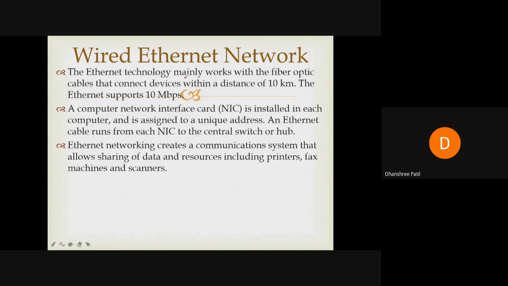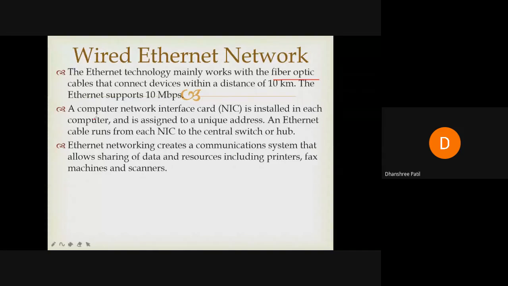Ethernet network technology mainly works with fiber optic cables. So for an Ethernet connection, mostly fiber optic cables are used, which connect devices within a distance of 10 kilometers and support 10 Mbps.